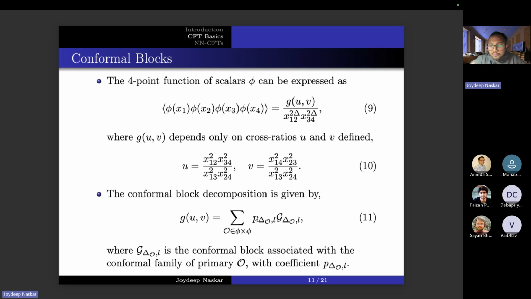Solving a CFT means you know all the CFT data. The CFT data are nothing but the list of all scaling dimensions, their spin, and the OPE coefficients. If you know the CFT data, then you can reconstruct the correlation functions and the S matrix. So in principle, knowing the CFT data means that you know the theory. So our goal would be to solve for this CFT data in this formalism.